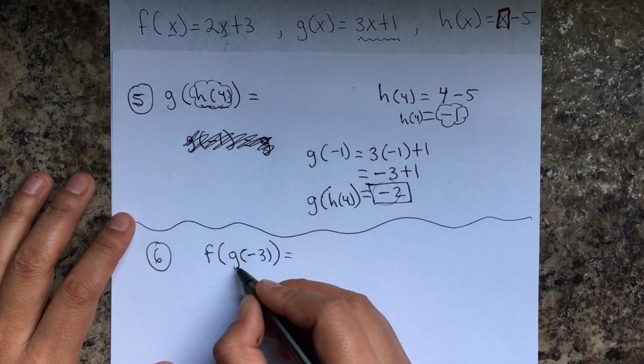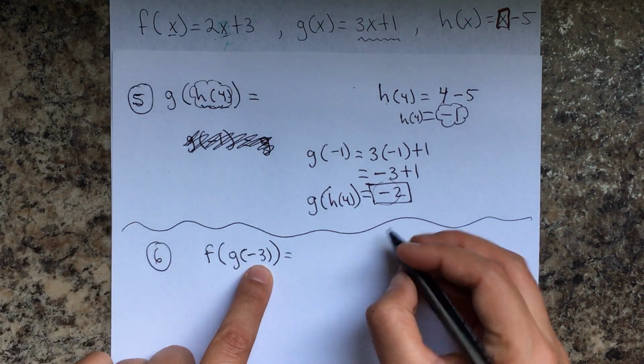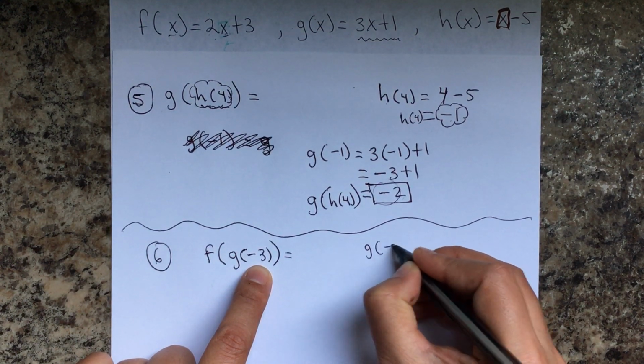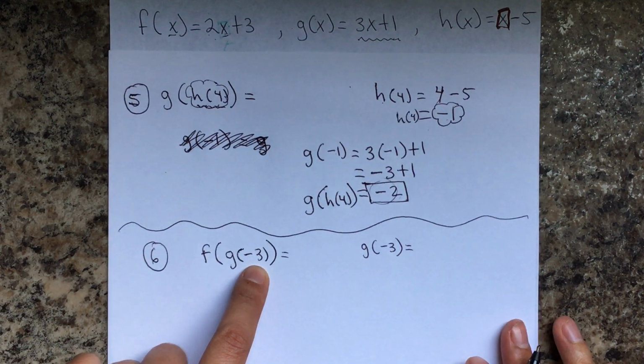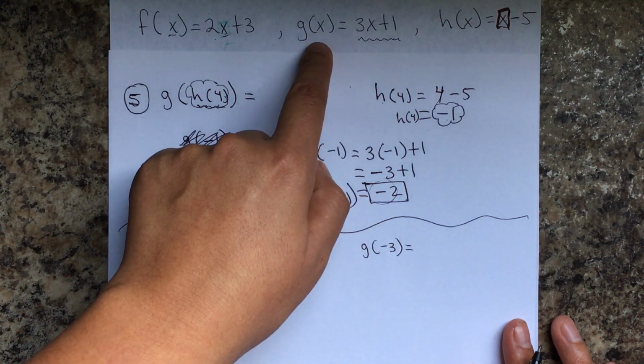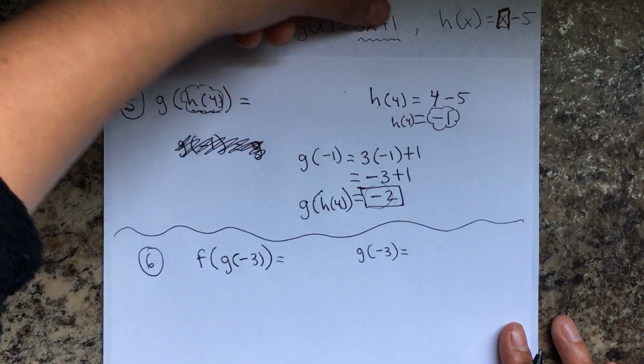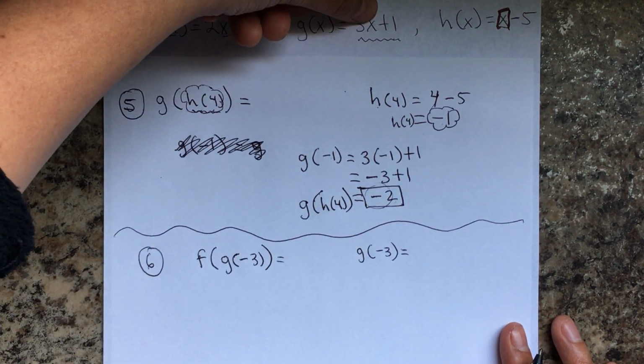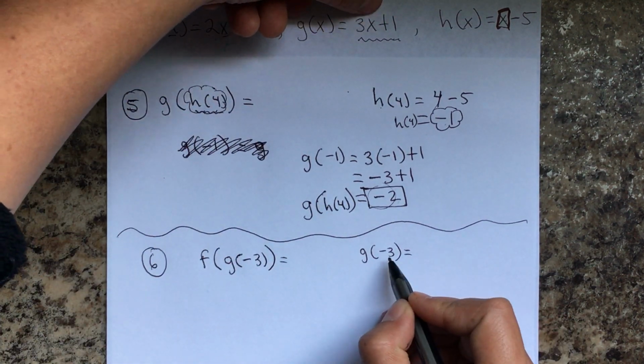Okay, so let's look at g of negative 3. G of negative 3 means take away the x and in its place put negative 3, but in the function of g. So if it was 3x plus 1, now the x is negative 3.